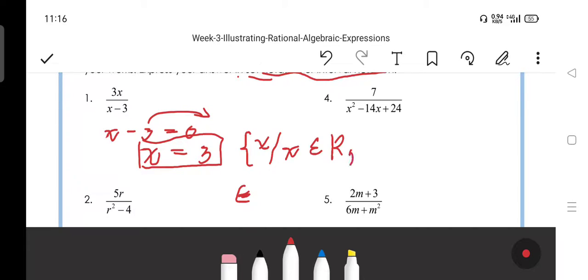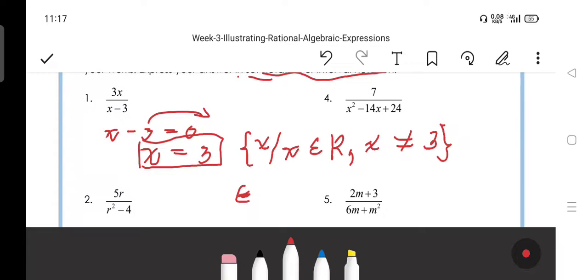R actually represents all real numbers. So any element of real numbers, any number is possible, provided that x should not be equal to 3. Any number can be in the replacement set, except 3.